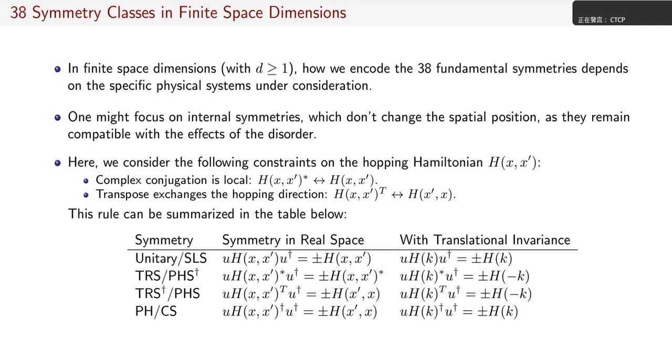Sorry, this is a typo. For unitary symmetry, the position is not changed, and for complex conjugate symmetry, the position is also not changed. For transpose and Dagger symmetry, the position is changed. In momentum space, for unitary and Dagger symmetry, the wave number k is not changed, but for star and transpose symmetry, k is reflected.